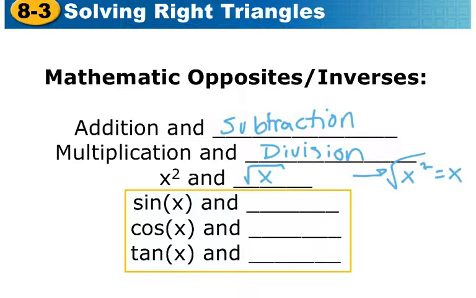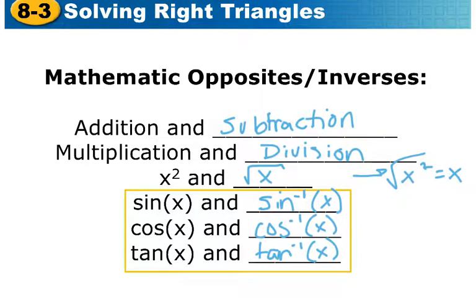So that's what's happening here. If I take the inverse of sine, and you do that by using the key that has a -1 there, or the cosine inverse, or the tangent inverse, of the previous operation, I'm going to end up with just x again.